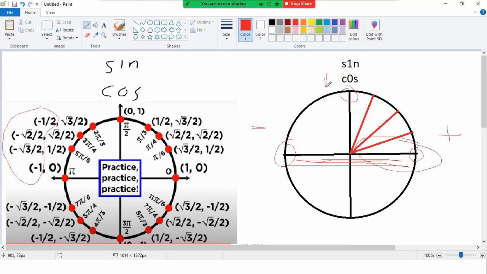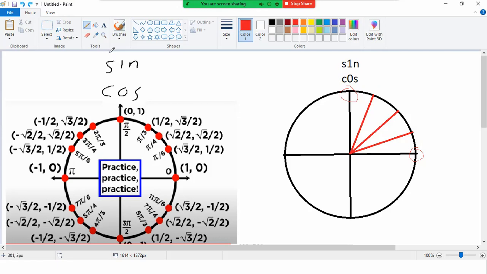And we know that this right here is still positive on the y-axis. So it makes sense that all of these, which are attributed to y, their sine, are still going to be positive. So let's figure out how we can memorize just what these angles are for each of them.